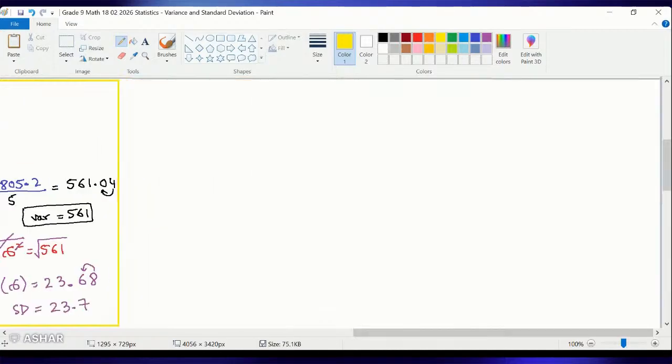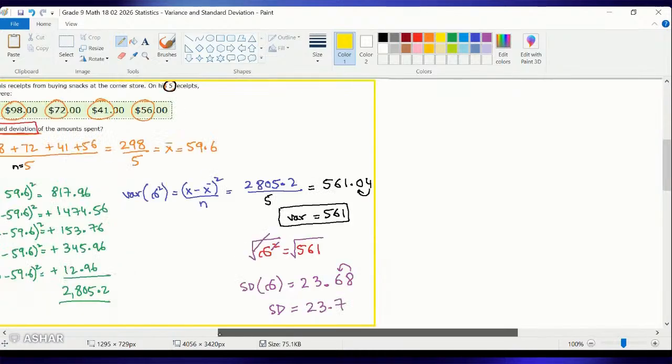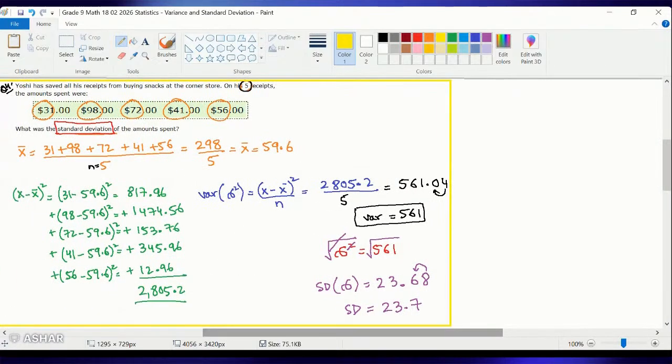So for the next question, this was question number 4. Let's do another question, question number 5. I think this is kind of easy. What they are asking us: find the variance in the data set below.